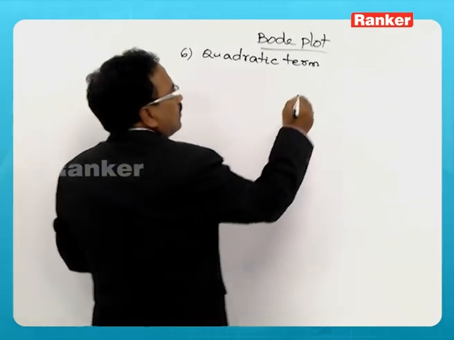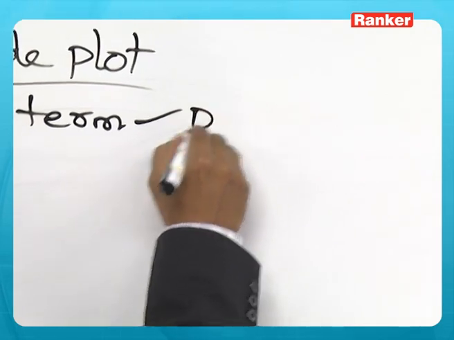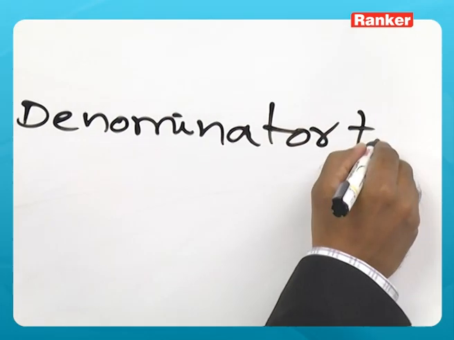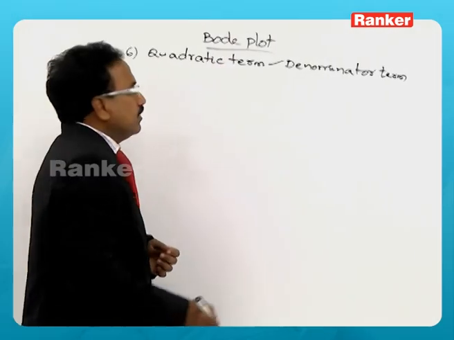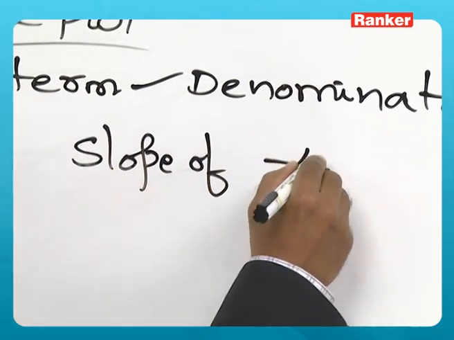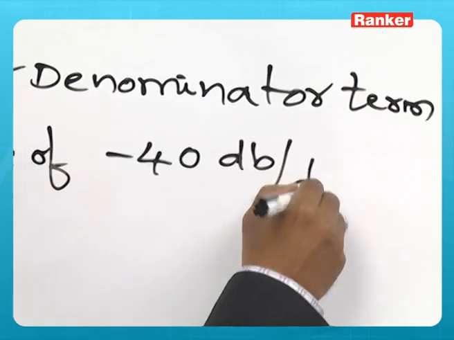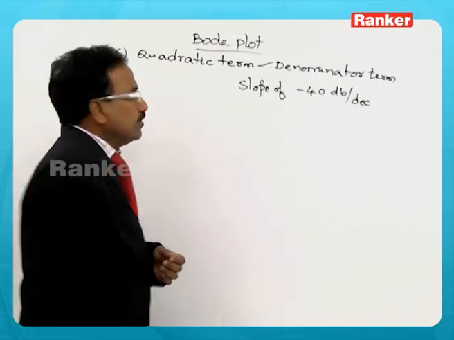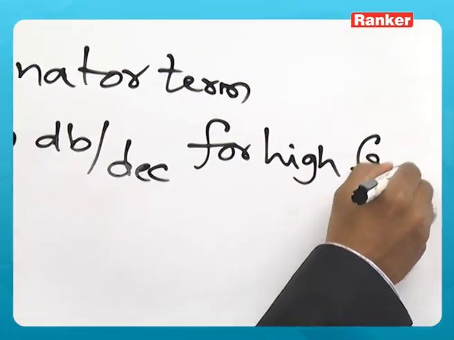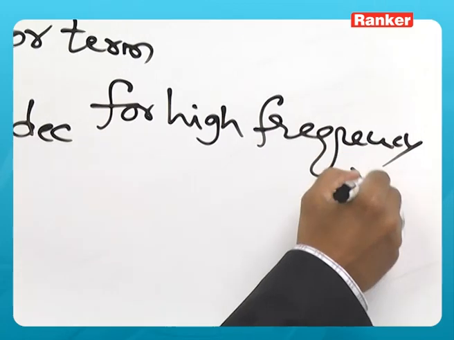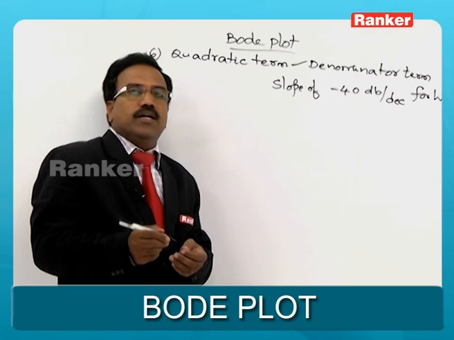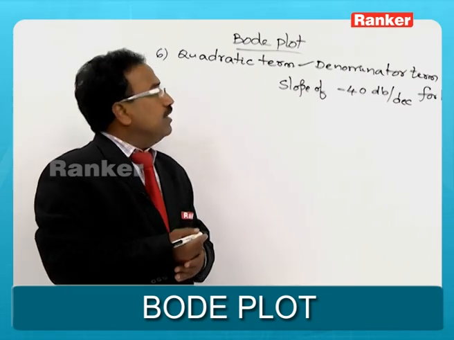If it is a quadratic denominator term, then this will have a slope of minus 40 dB per decade for high frequency range, and here also you will find a 0 dB line and a high frequency dB line.